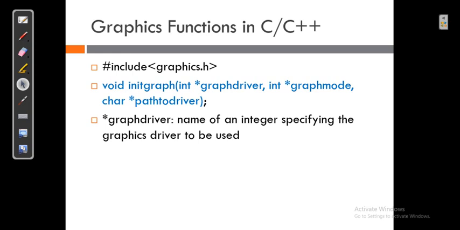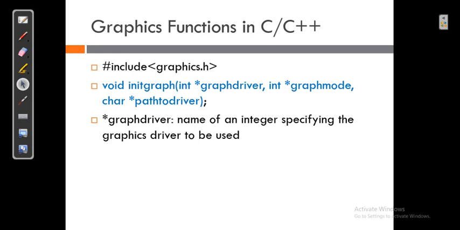Suppose we have written a 100-line code, and we are writing the initgraph function on the 60th line. Then the first 59 instructions will work in text mode if we are using the screen. On screen those instructions will consider the text mode.